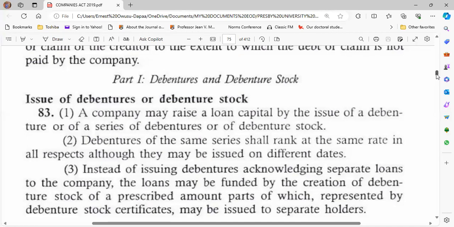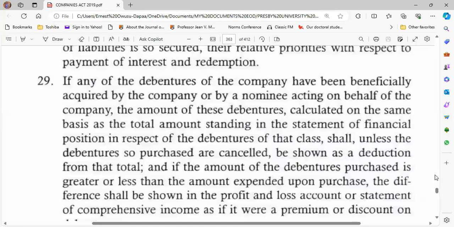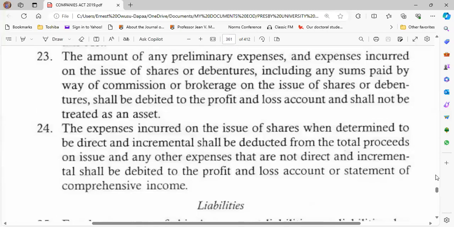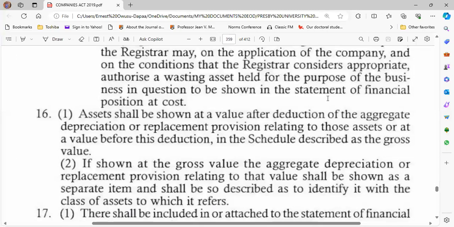We are going to the first schedule. We'll come back here. Put it this way.